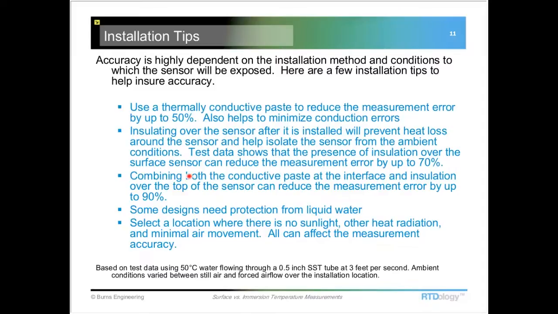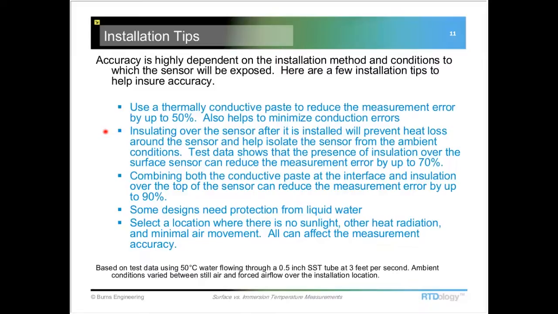One of the biggest things you can do for improving the accuracy of a surface mount sensor is to insulate it. This can be as simple as a little fiberglass blanket put over the top of it, and it helps to shield the sensor from the ambient conditions, whether it's just a temperature differential from what you're trying to measure inside of the pipe or a tank, or it might be from radiation.